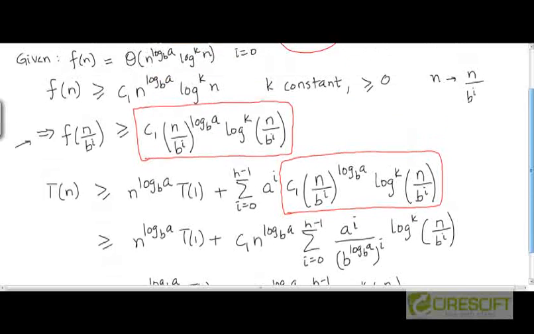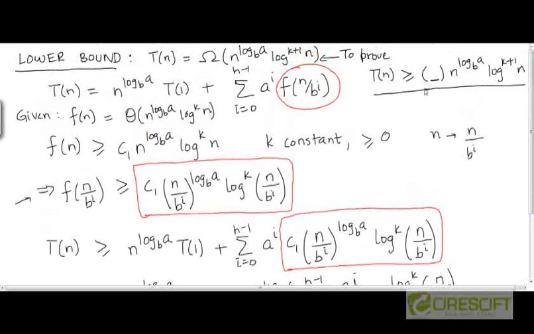And hopefully that'll bring us even closer to this goal of proving that some constant multiple of this function is a lower bound on T of n.